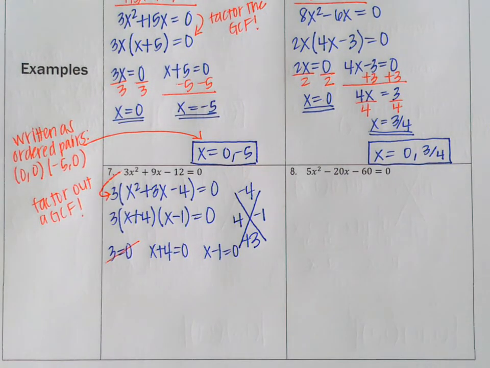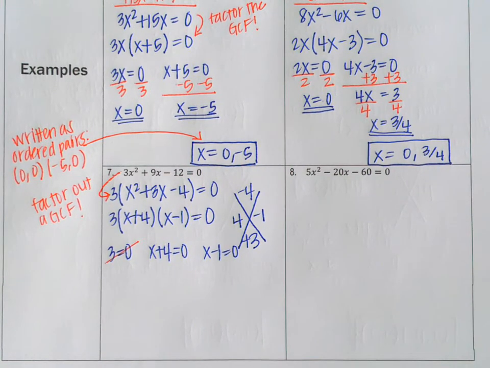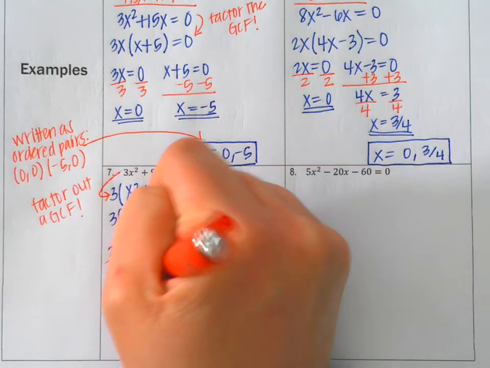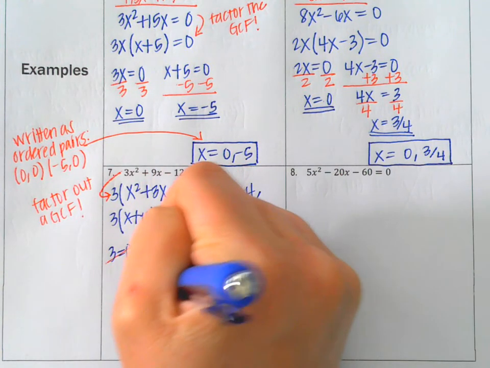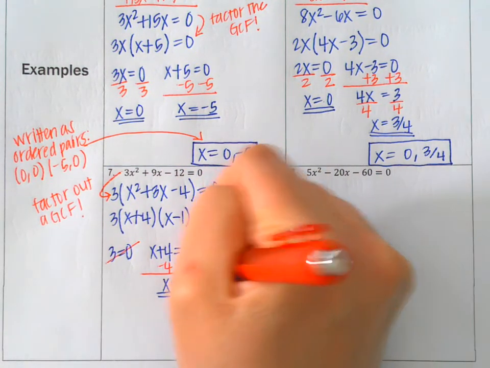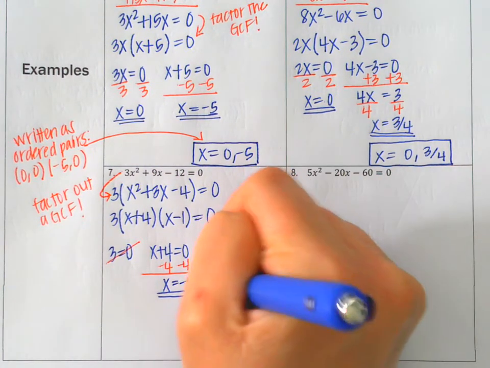What does matter to me is this x plus 4 and this x minus 1. So I move over the 4, and I have x is equal to negative 4. I add the 1, and I have x is equal to 1.